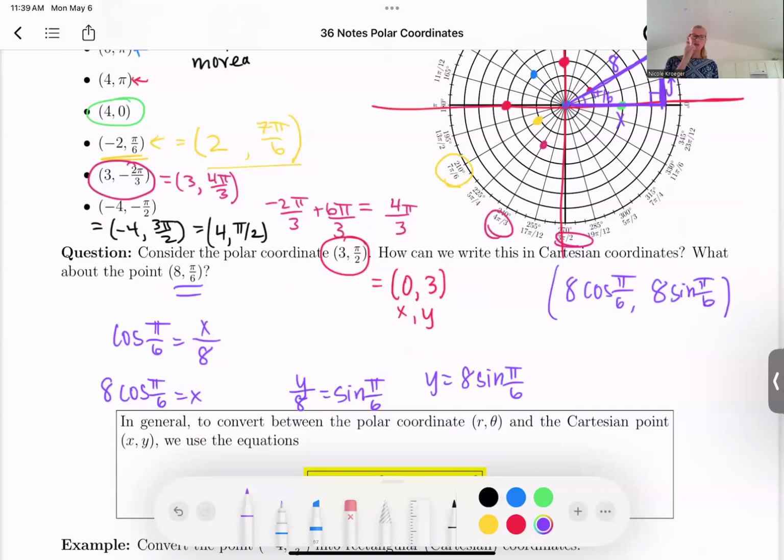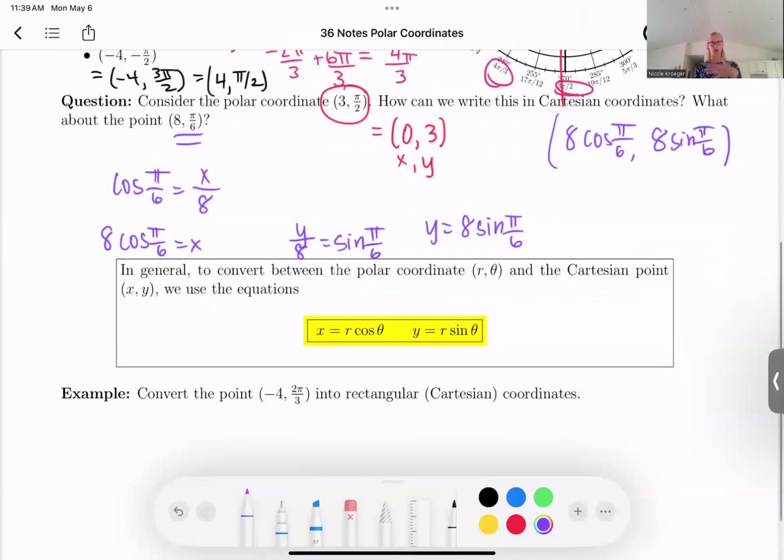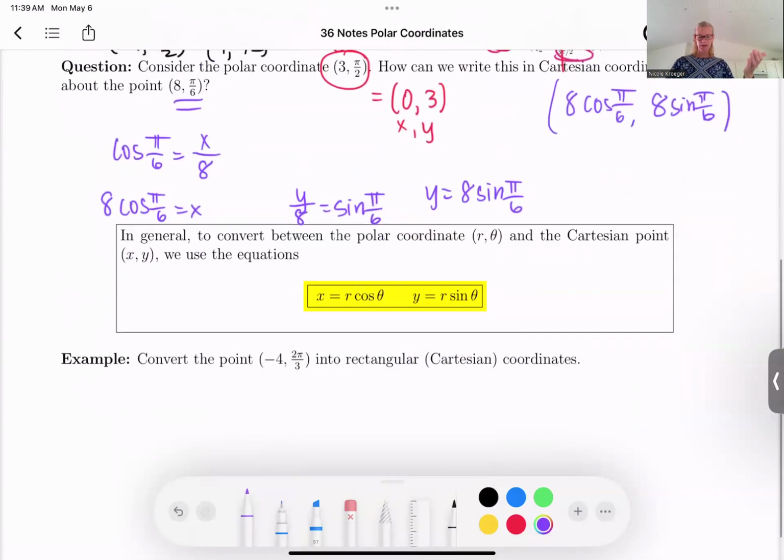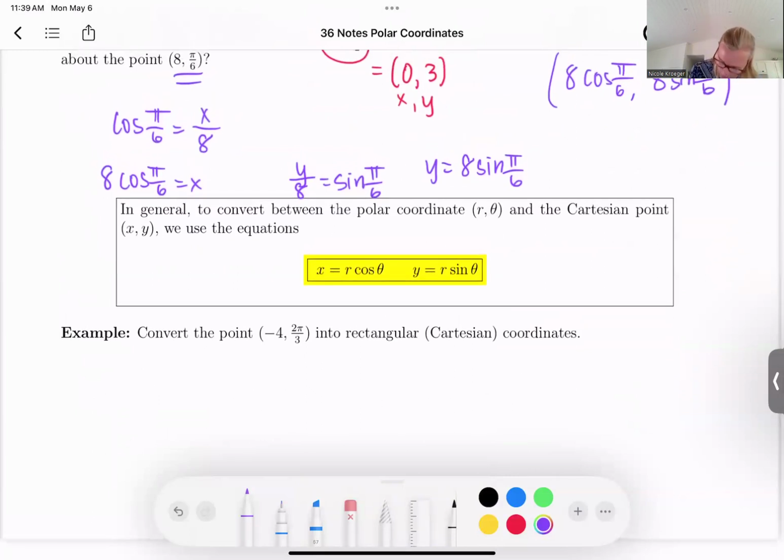We can do this in general if we want to convert from polar to Cartesian coordinates. I'm just going to do r cosine theta to get my x value, and r sine theta to get my y value. This all comes from drawing triangles, just like I did up here. If I wanted to convert this point below, my x coordinate would be negative 4 cosine 2 pi over 3. I'm going to let you do that calculation.